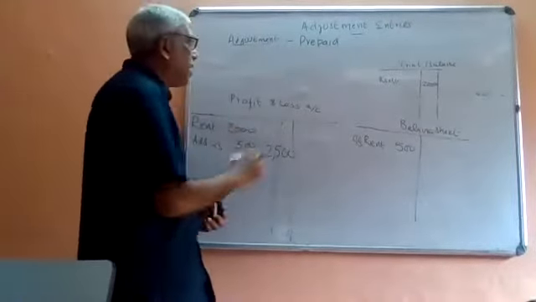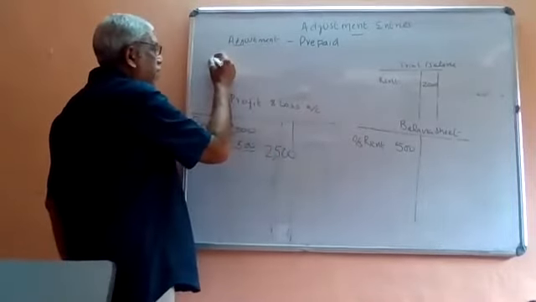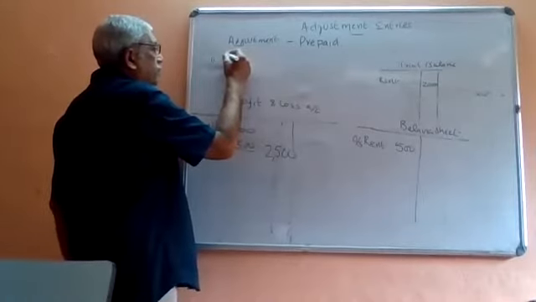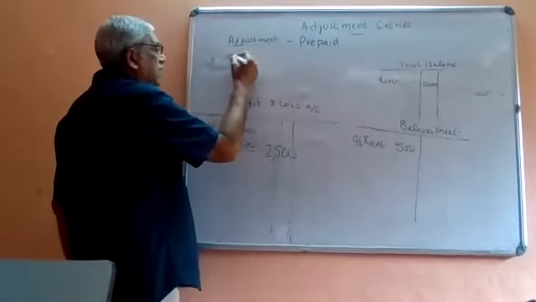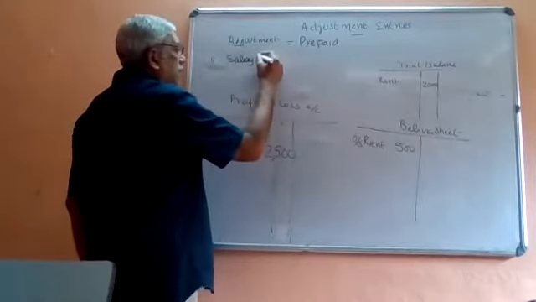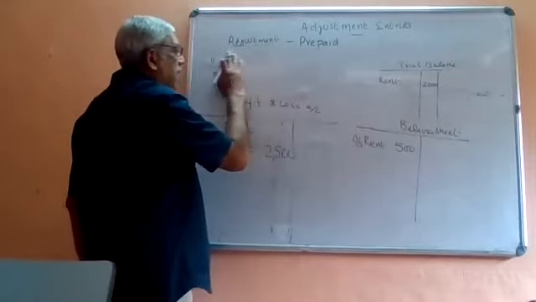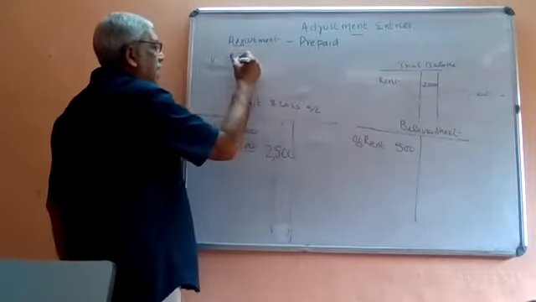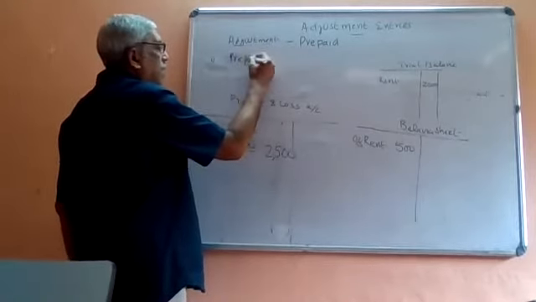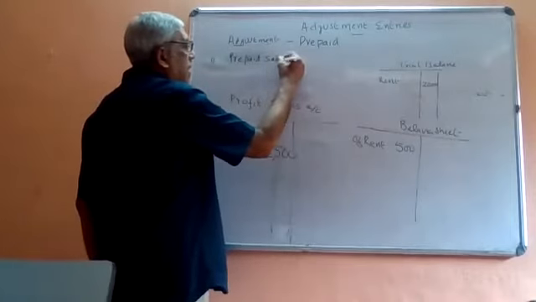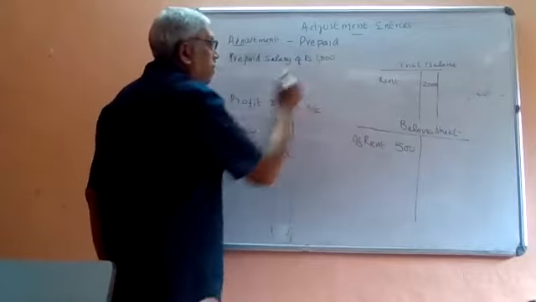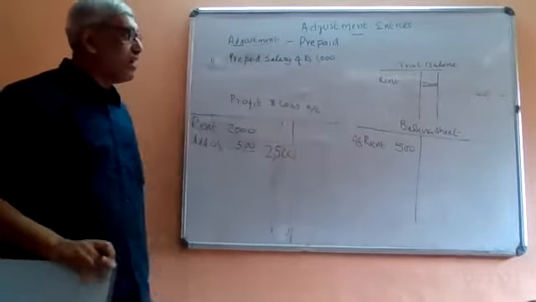For example, suppose there is an adjustment entry: there is a prepaid salary of rupees 1,000.